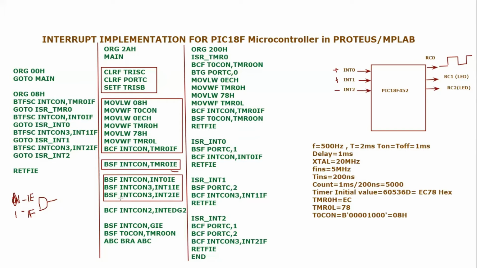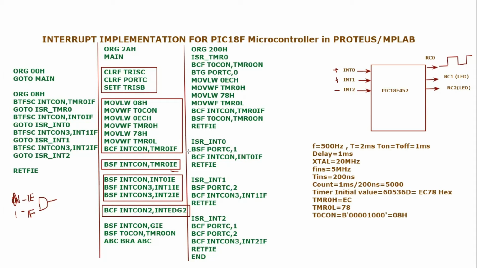Okay, the next line is again interesting, and it is related to negative edge and positive edge of external hardware. We know that interrupt control 2 is a register where 3 bits are very important, which are INTEDG1, INTEDG0, and INTEDG2, right? So these bits are by default 1. That means all these 3 interrupts are positive edge triggered, but we want to make interrupt 2 negative edge.